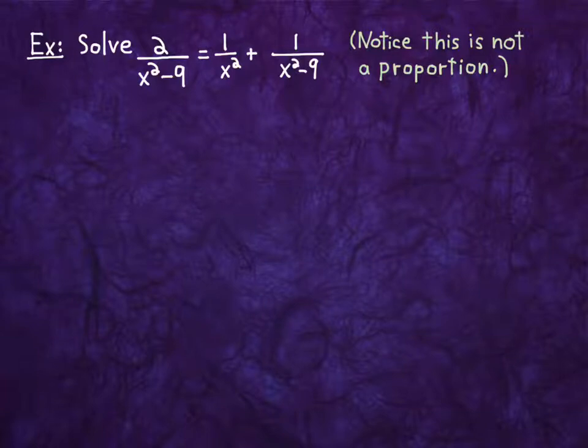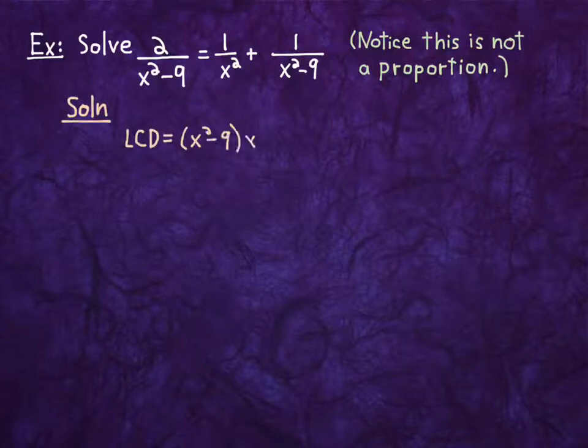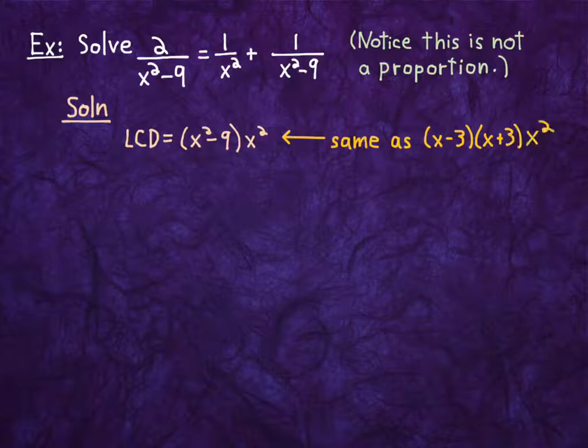Now, x squared minus 9 is a difference of two squares, so it factors as x minus 3 times x plus 3. There's one other term with the same denominator, x squared minus 9, and the third one doesn't have an x minus 3 or an x plus 3, so there's no real reason to factor it, because I'm not going to be able to make my common denominator smaller by factoring it.